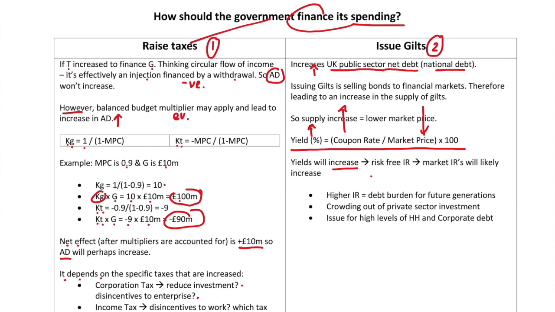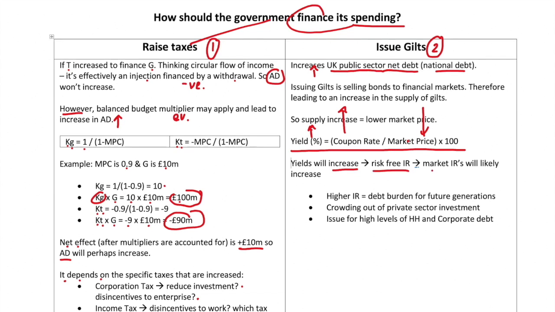And because yields are effectively just the effective rate on national debt, well, that's just your risk-free interest rate. And if your risk-free interest rate is increasing, that could lead to interest rates in the market increasing. And that's clearly going to have a point in terms of the crowding out of private sector investment, because if you've got higher interest rates, they might not be able to meet their hurdle. So it could lead to investment not being induced into the economy.